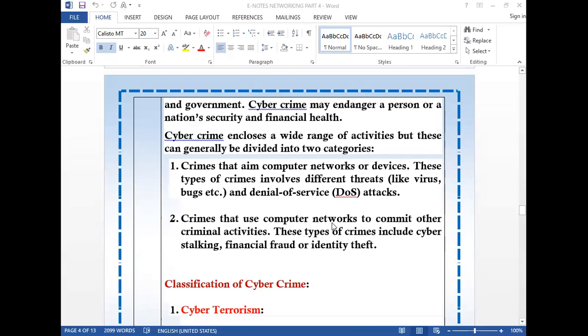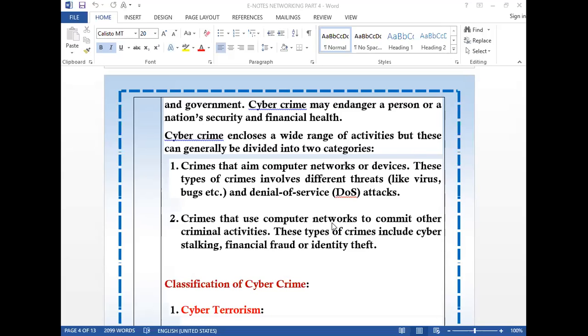So cybercrime basically comes under two categories. One is that the crime has been done keeping in mind the computer network or device as the target, like virus attack, denial of service, any malware, maybe worm, maybe Trojan horse, maybe trying to break the security of the network, maybe an unauthorized person enters the network to corrupt the data.